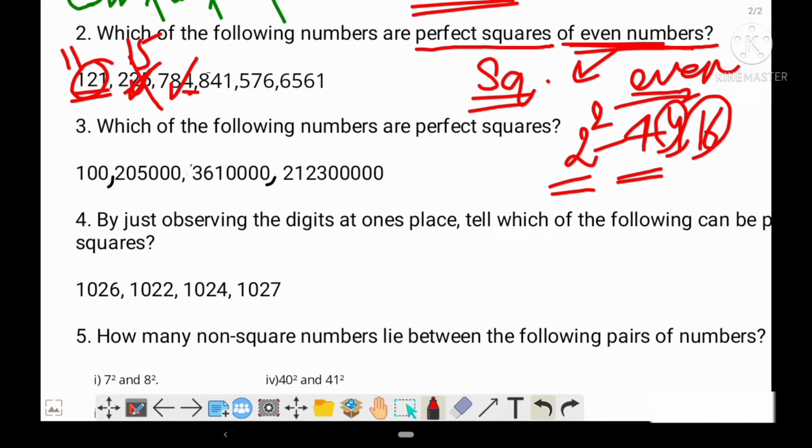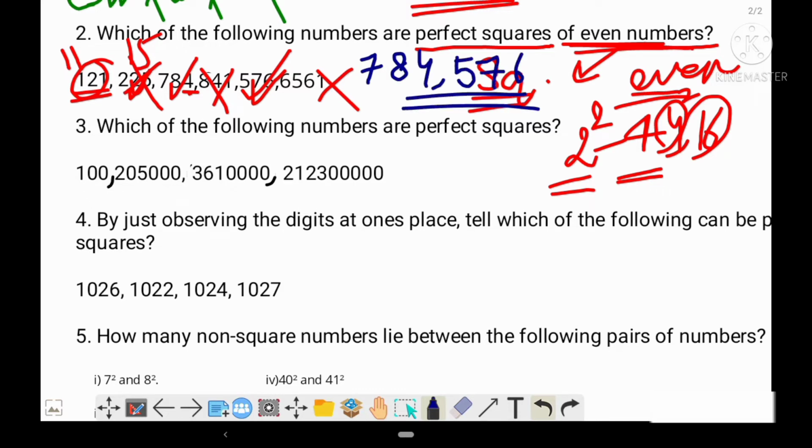The last digit is even, so it's a perfect square of an even number. 841, no, because it's odd. 576 is yes, because it's even, and 6561 is odd, so it is not. So in this question, the answers are 784 and 576.